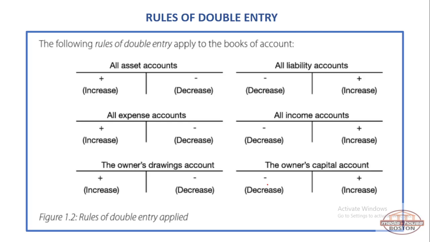So we did manage to cover the most important rules in terms of the double entry, to say that for each transaction, you have to identify and understand what event actually took place.